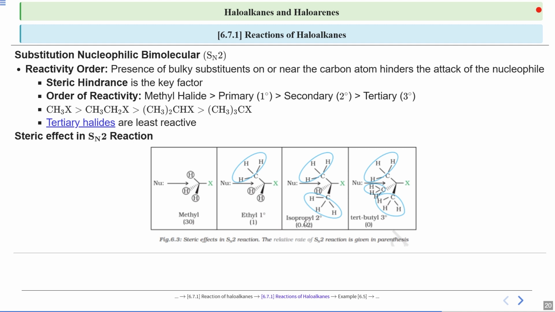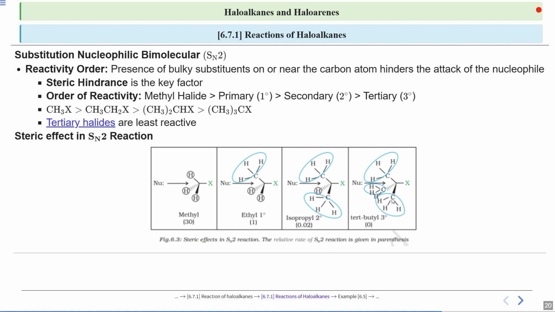Now, if you take isopropyl, you add more bulky groups to the carbon: 2 methyl groups along with 1 hydrogen. Due to the presence of 2 bulky substituents, the nucleophile attack will be affected more. So this is secondary isopropyl, and the relative rate decreases greatly from 1 to 0.02.